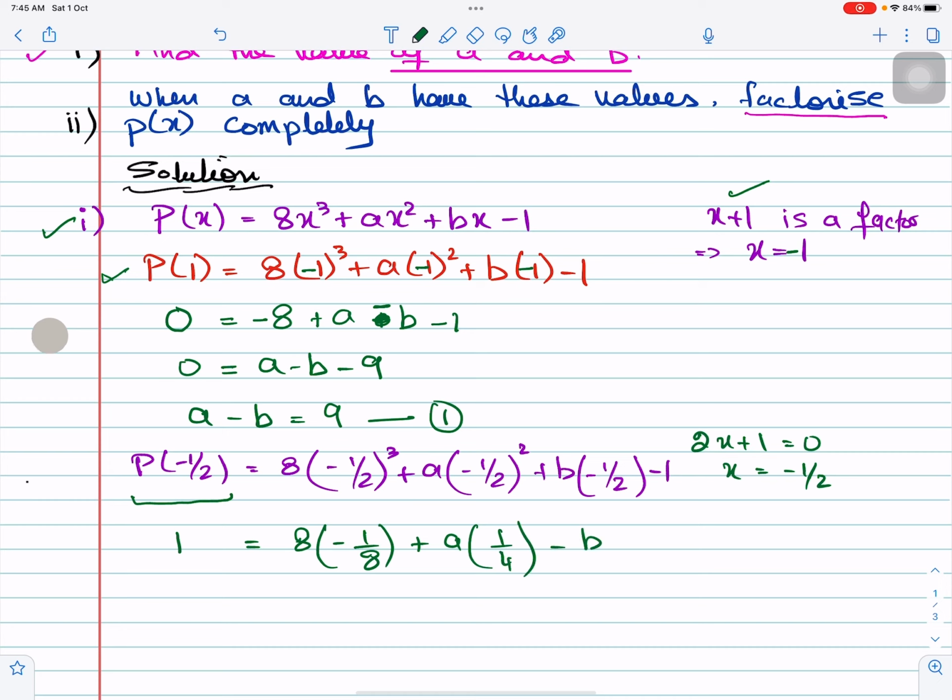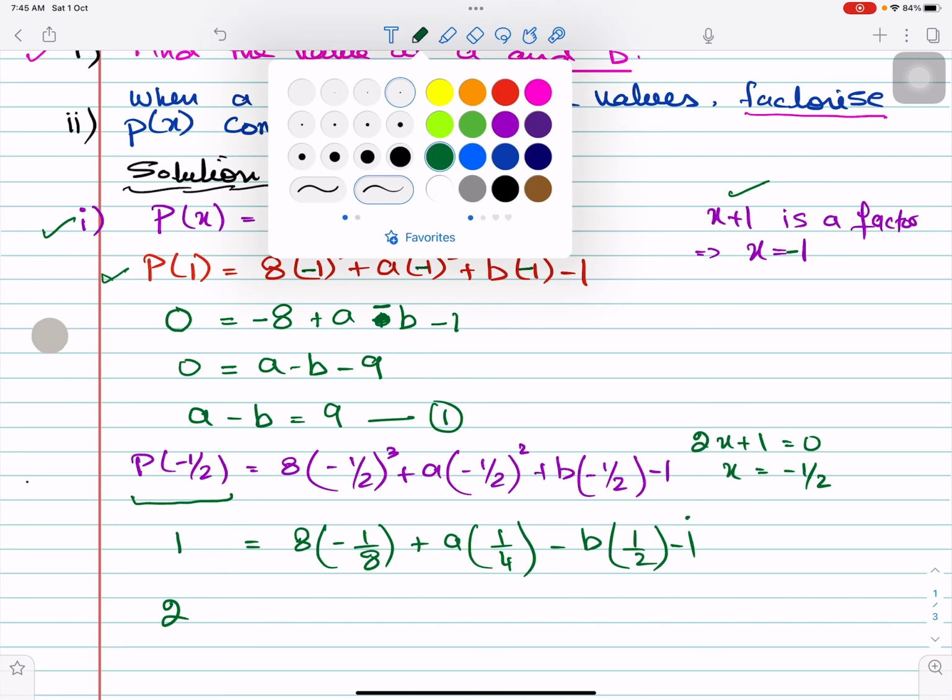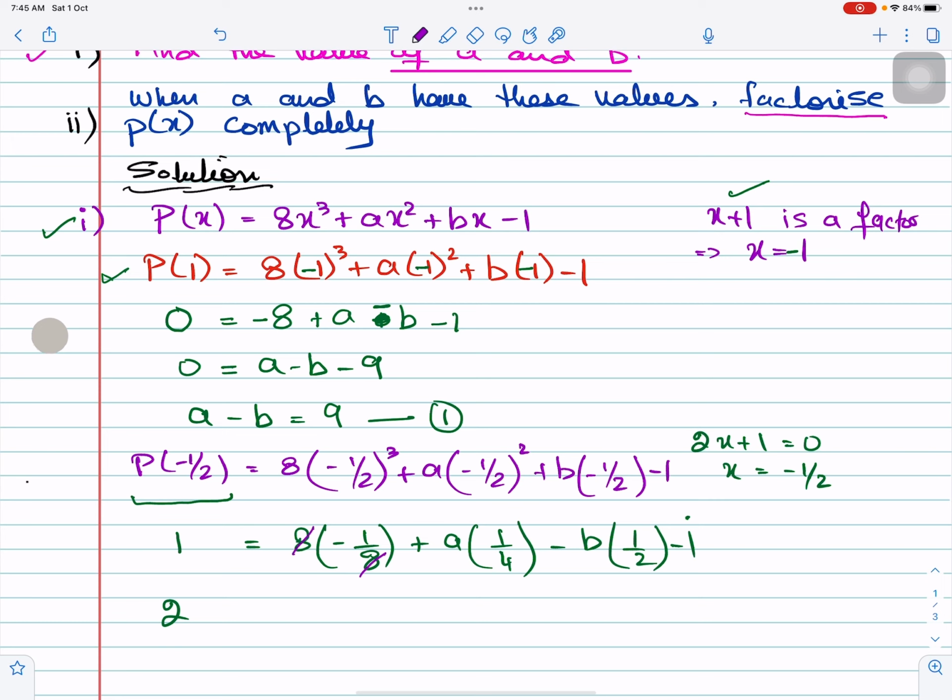Then minus b times 1 upon 2 and minus 1. If I bring this minus 1 to the other side, it will become 2, and this 8 I can cancel. It is minus 1 plus a upon 4, and this is 1 upon 2 times b.